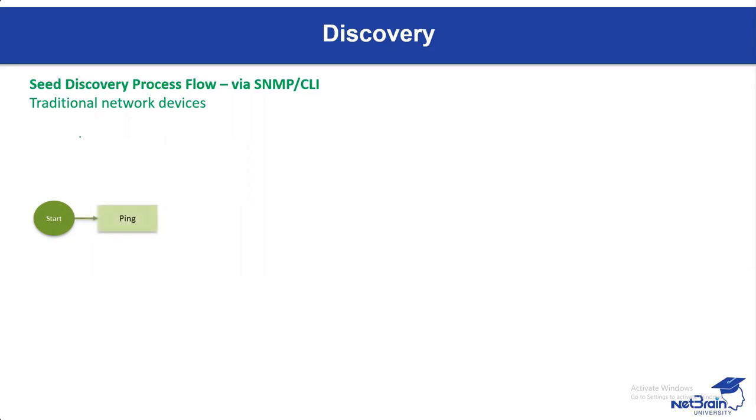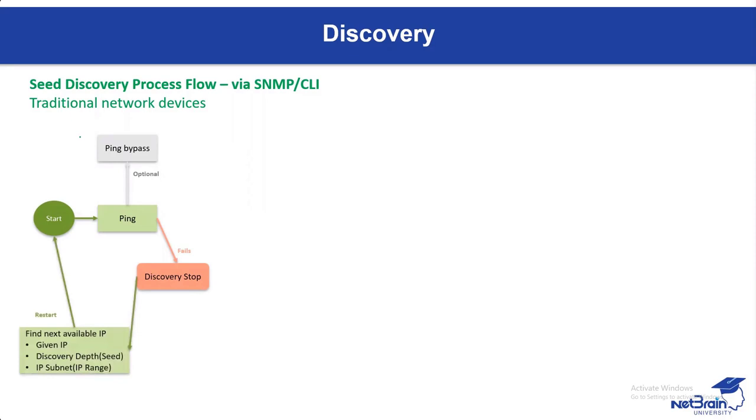So we start out with each IP address by trying to ping it. This ping can be bypassed by NetBrain. But if it fails and it's not bypassed, then our discovery process will stop by default. And then it goes on to the next potential neighbor candidate and so forth.